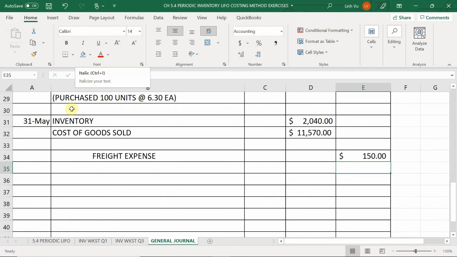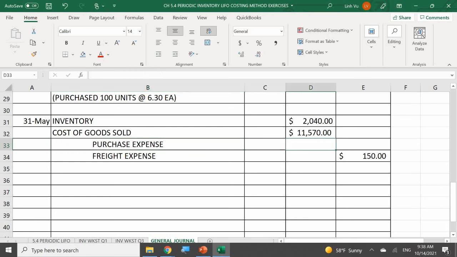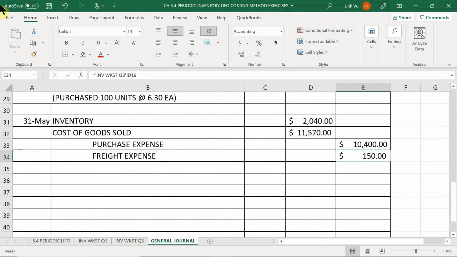Purchase expense. We need to recognize purchase expense. Good. What was my purchase expense for? $10,400. Good.